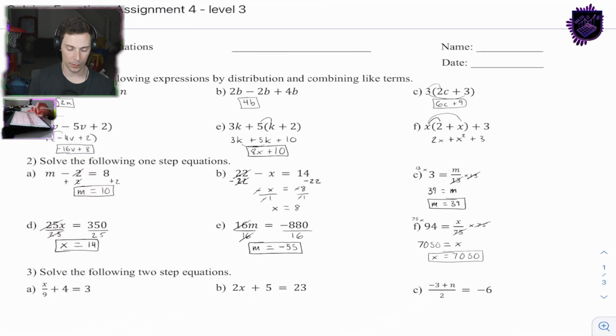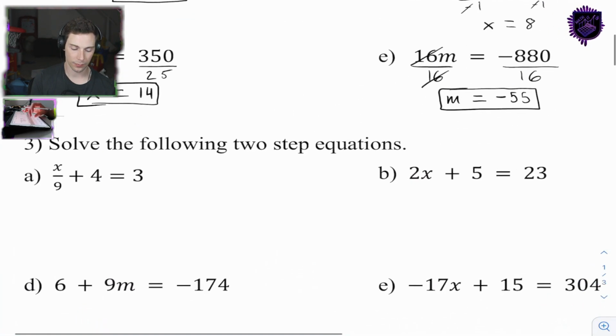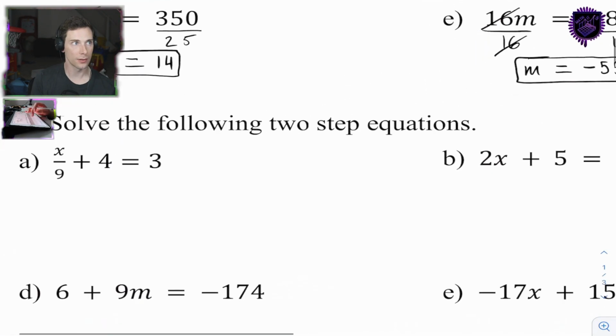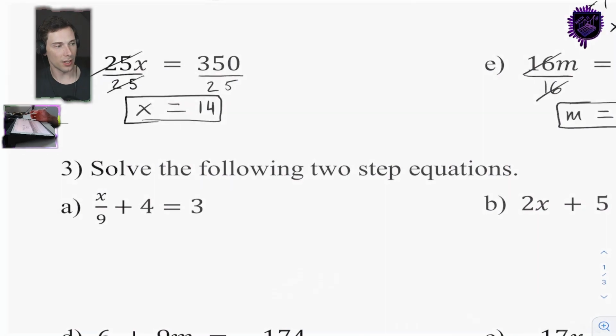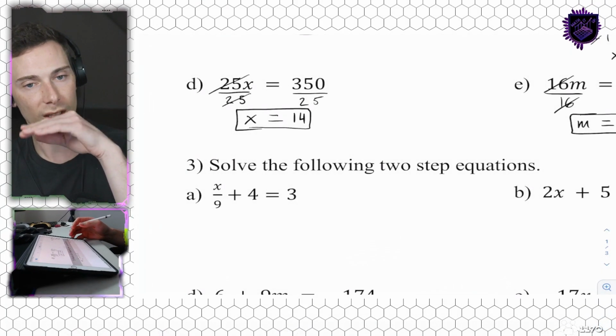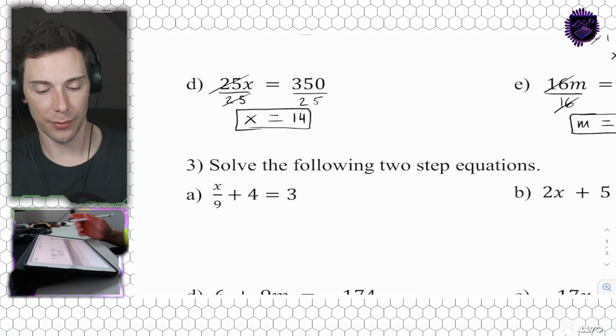All right. 3a. First, it's a two-step equation, right? So we first want to isolate the term with the variable in it, get rid of the 4.